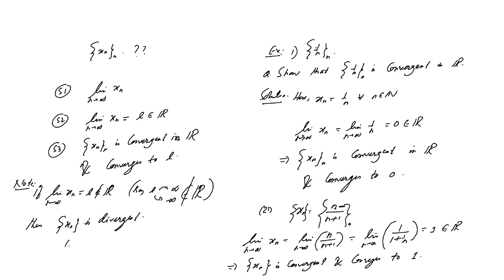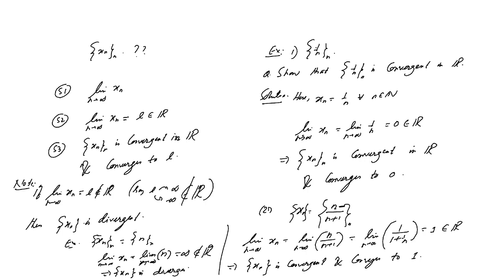As an example, you are given a sequence xn equals n. You just calculate limit n tending to infinity xn. So this will be limit n tending to infinity n. The value is infinity. This does not belong to real numbers. So we can conclude the sequence xn is divergent in this example.